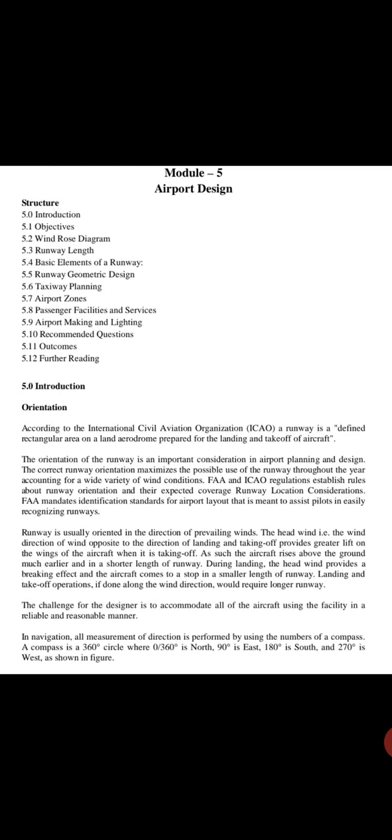The current runway orientation maximizes the possible use of the runway throughout the year, accounting for a wide variety of wind conditions. FAA and ICAO regulations establish rules about runway orientations and their expected coverage, runway location considerations.